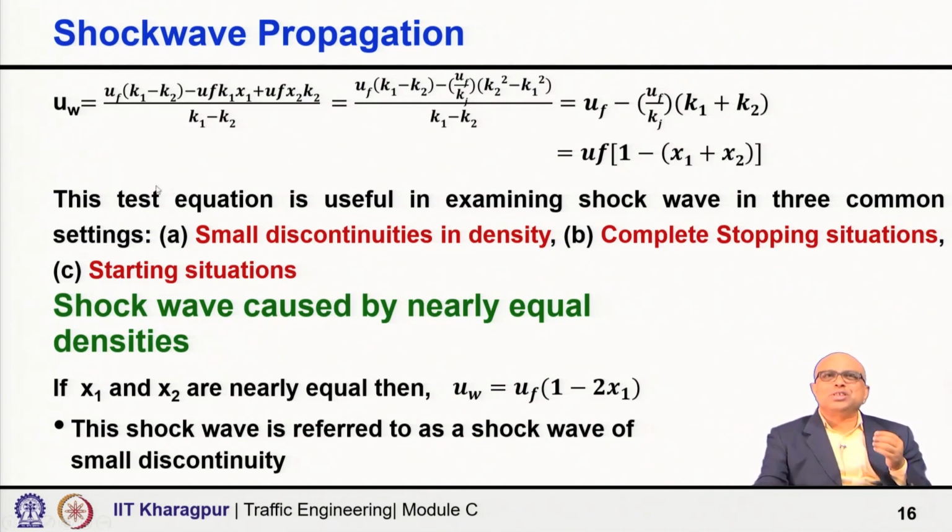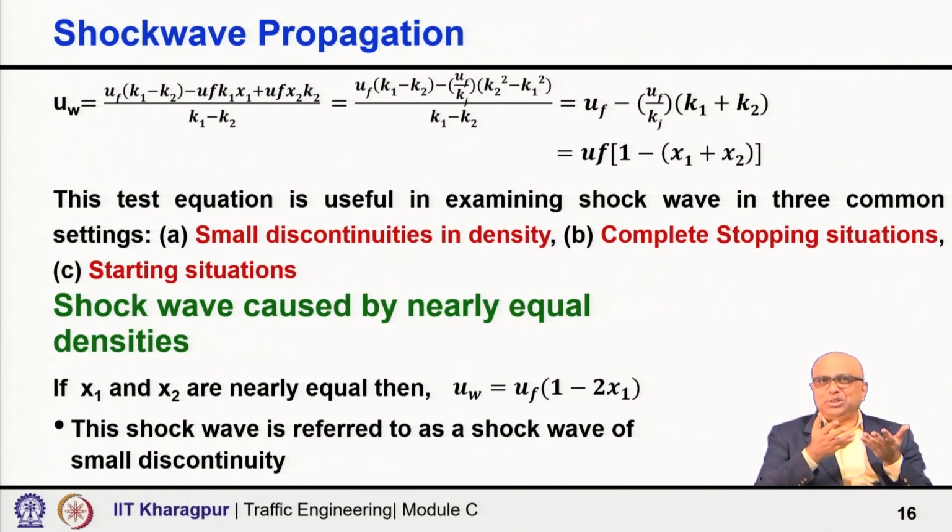Now, this equation is useful in examining shock waves in three common scenarios. One, small discontinuity in density, that means density is nearly equal. We are calling them x1 and x2, but they are almost similar.